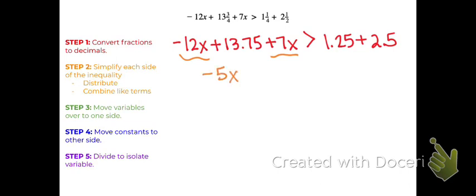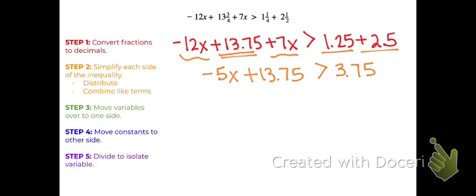So that's negative 5x. And then I still have my plus 13.75 because there aren't any other constants on this side that I can combine with. And then on the right side, I can add these two numbers together because they're both regular numbers. They're just constants. So if I put that in my calculator, I get 3.75. Now this is a basic inequality that we can now solve for x.